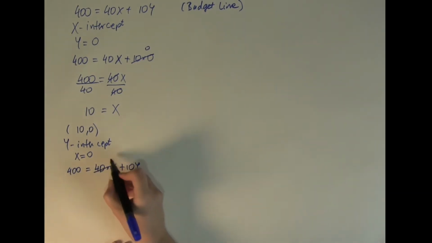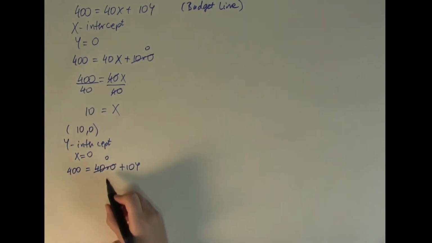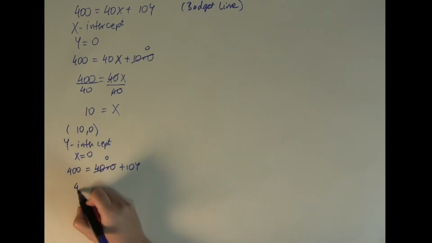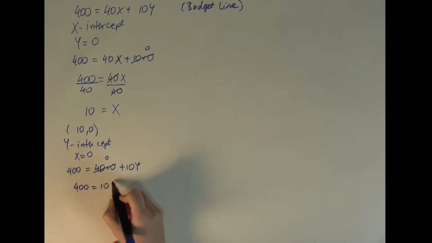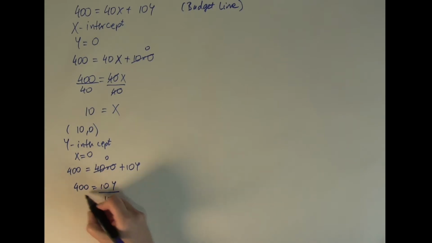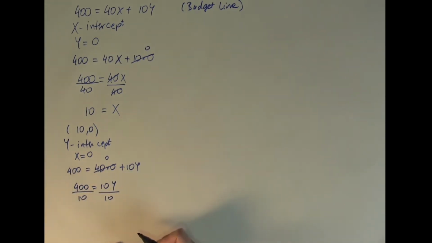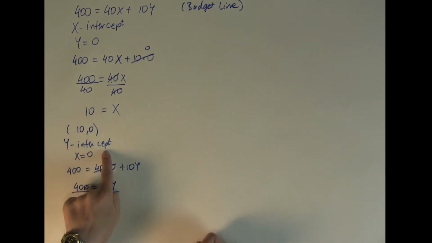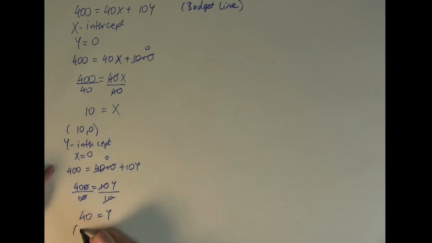Now 40 times 0 is just 0. 0 plus 10y gives me just 10y. So divide both sides by 10, and then I'm going to be able to calculate the exact value of y. So 400 divided by 10, cancelling the zeros, gives me 40. So the y-intercept is going to be (0, 40).